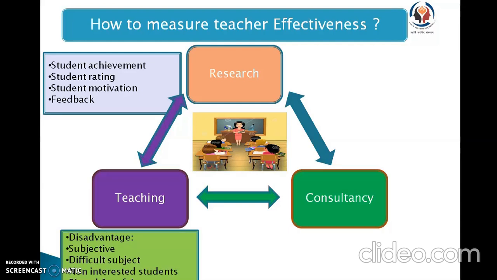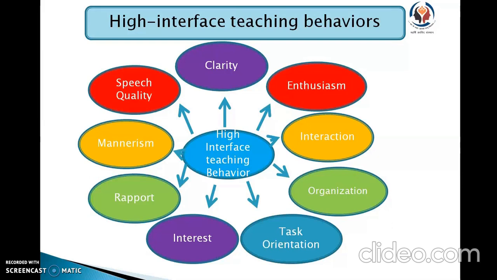So here we need to know the high inference teaching behavior suggested by Dr. Harry G. Murray, who was an expert in teaching behavior identification. He suggested various factors that are required in a teacher and used to measure teaching behaviors. Let's discuss one by one.